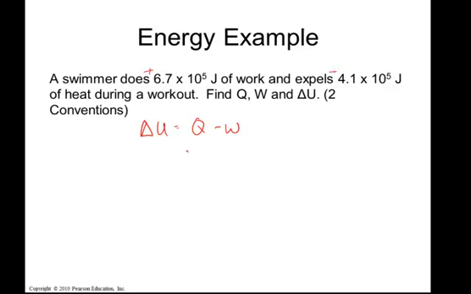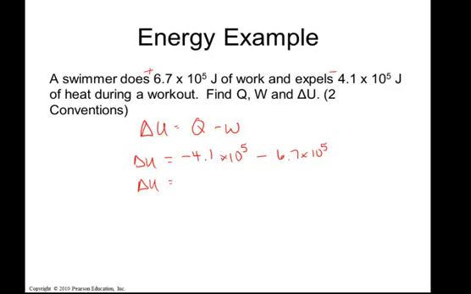So I'm going to take my Q, which is negative 4.1 times 10 to the 5th, and then I'm going to be subtracting my work, which is 6.7 times 10 to the 5th.